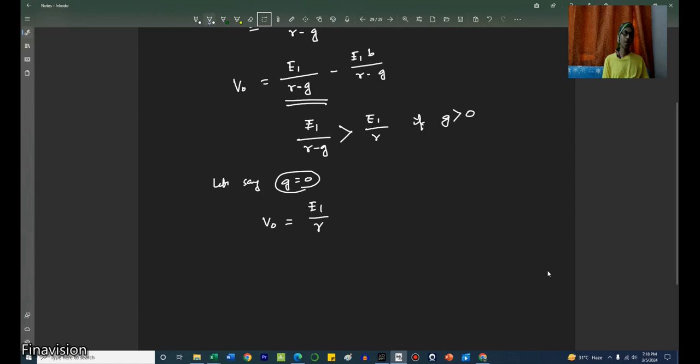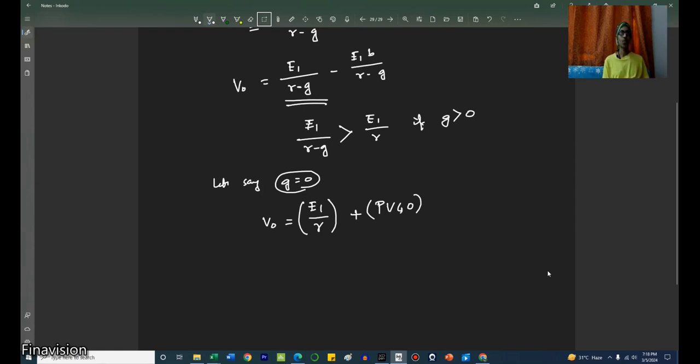Whatever extra amount, if there is a growth opportunity, apart from this no growth condition, right? If the value has to be greater than this, it has to be the value of growth opportunities. So the entire expression for the Gordon growth model can be translated to this.